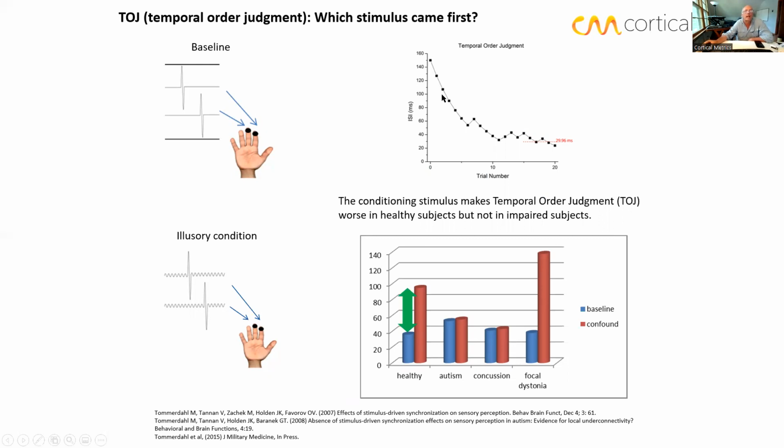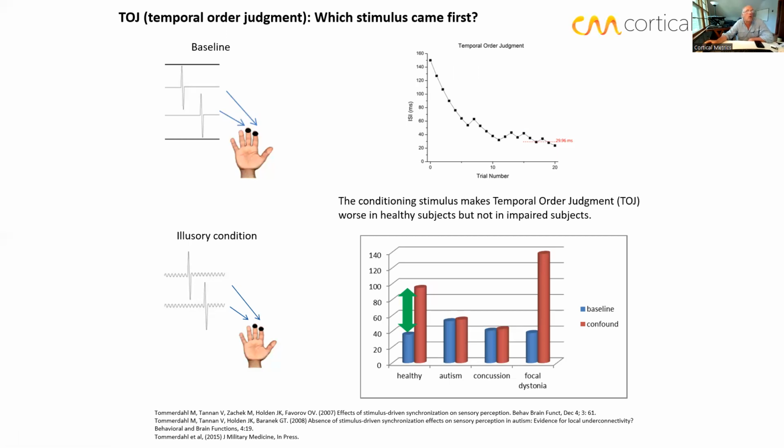The tracking typically looks like this, where it starts out with these two points 150 milliseconds apart. As it tracks down, it gets harder and harder, just like an eye chart. It starts out easy, 150 milliseconds, really easy to tell the difference, unless you're talking to somebody with schizophrenia, they have real trouble with that. But it goes from 150 milliseconds all the way down to about 30 milliseconds, in this case, 29.9.